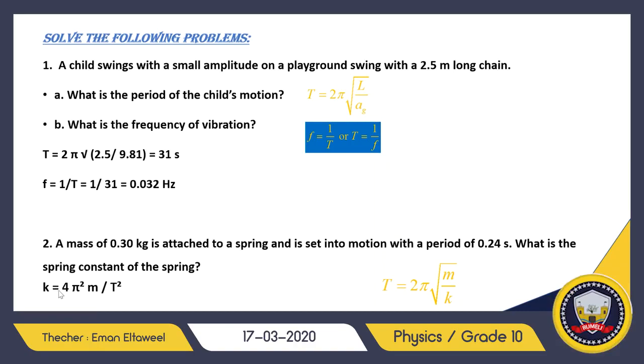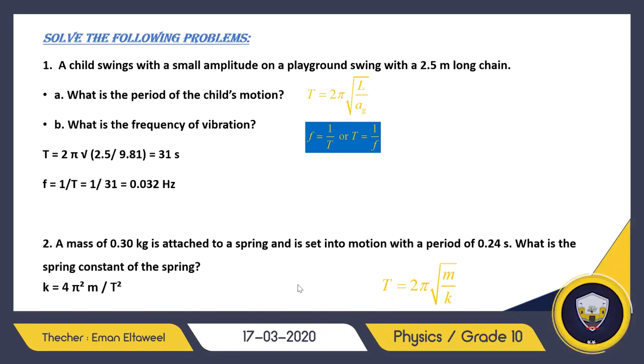Again, k equals 4 pi squared m over T squared, by squaring the two sides to get rid of the square root, and then cross multiplication to get k alone on one side.